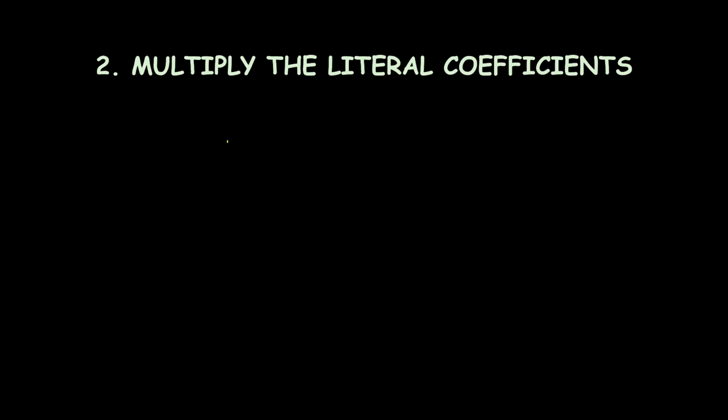That is, if we are multiplying a with another a, here a has power 1 and this a also has power 1, when we multiply these two, we have to add the exponents, so it is a square.